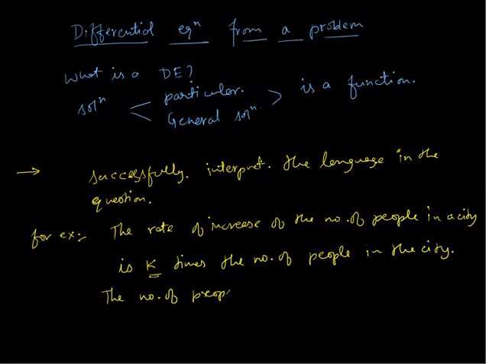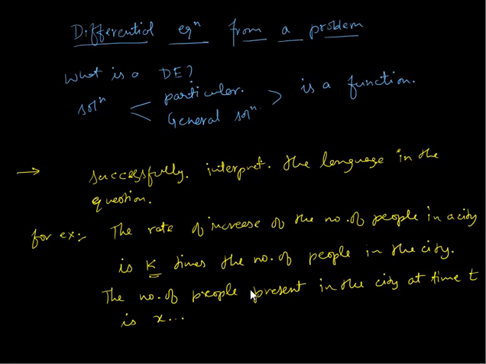the number of people present in the city at time t is x. Now we have to replace the words the number of people in the city by x, right?